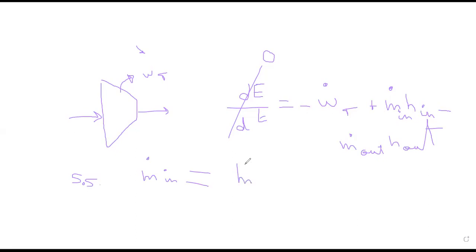So I can deduce the work of the turbine. I applied for this open system my first law of thermodynamics, and I was able to relate the work produced by the turbine to the change in enthalpy, which is m dot times h in minus h out.